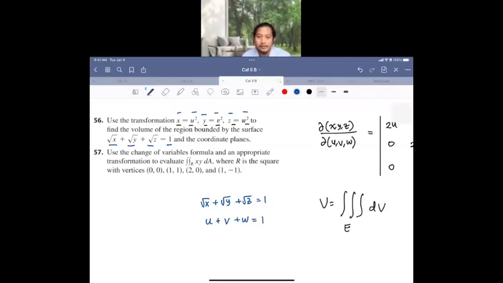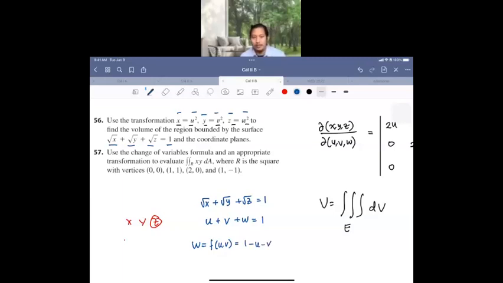So like in x, y, z, where z is a function of two variables, we could make w a function of two variables u, v, which is 1 minus u minus v.